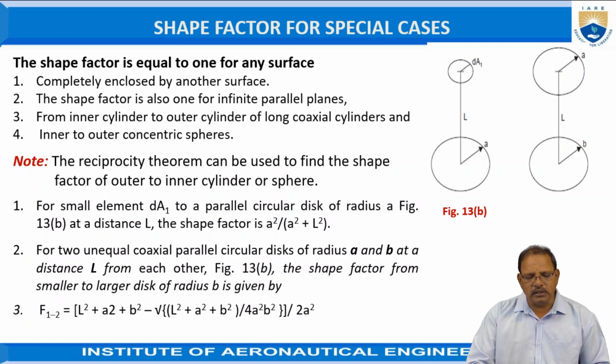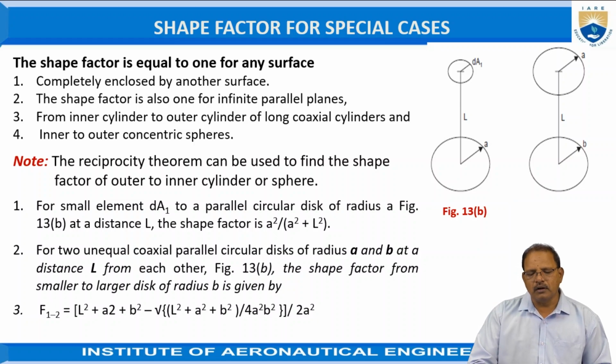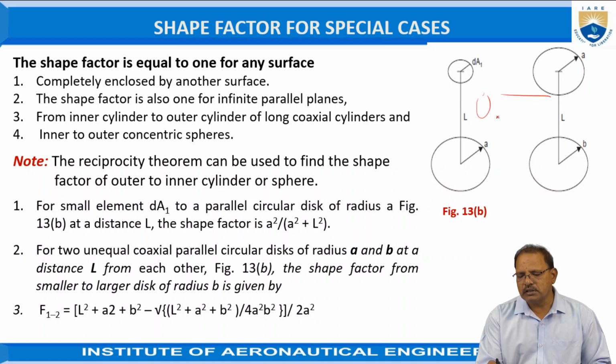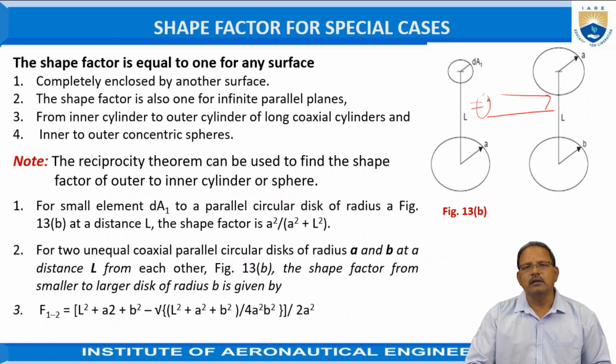From the inner cylinder to the outer cylinder of long coaxial cylinders, one cylinder is inserted in another. Both are long in length, and the axes of both cylinders are coincident with each other. In that case also the shape factor is equal to 1.